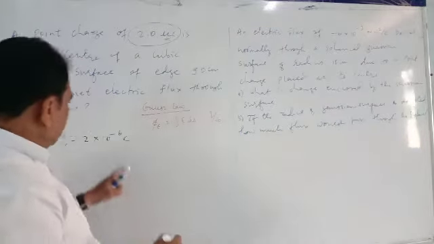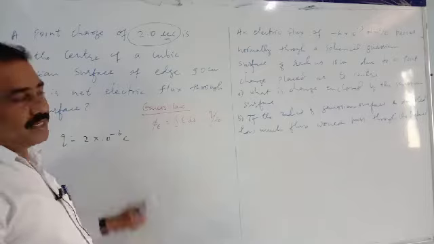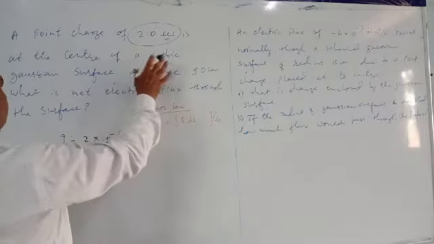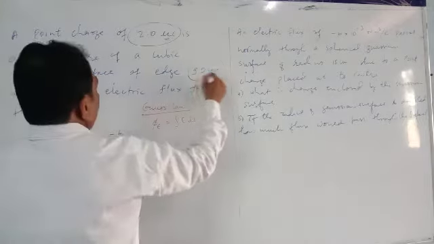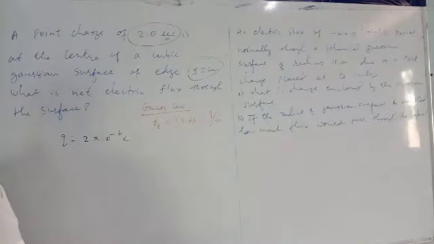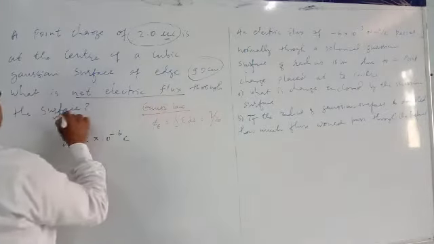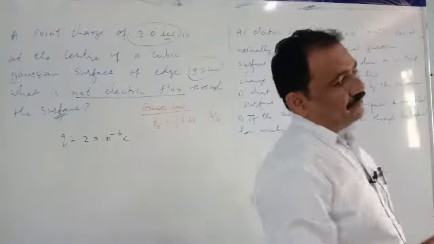That's why we are putting power minus 6, base 10. It is at the center of a cubic Gaussian surface of edge 9 centimeter. What is the net electric flux through the surface? So we have to calculate the net electric flux through the surface.